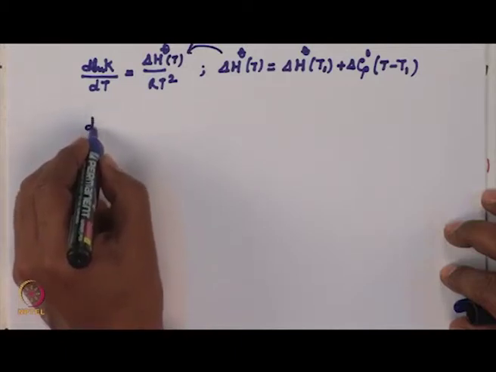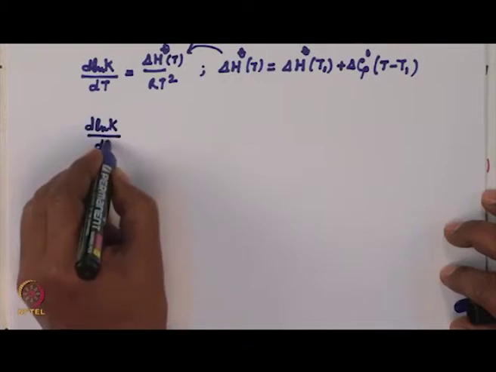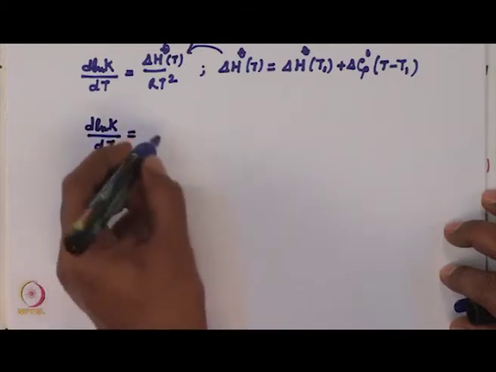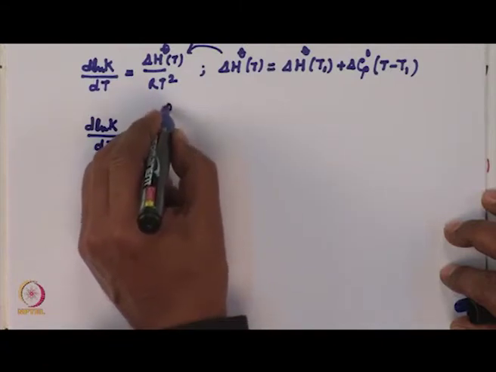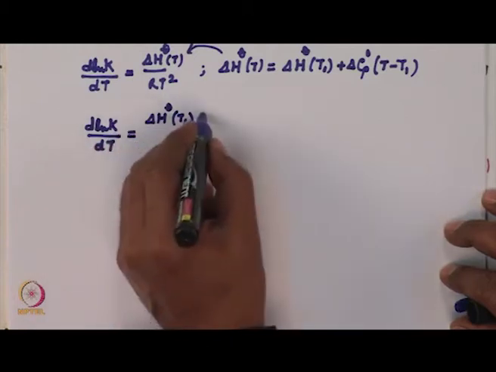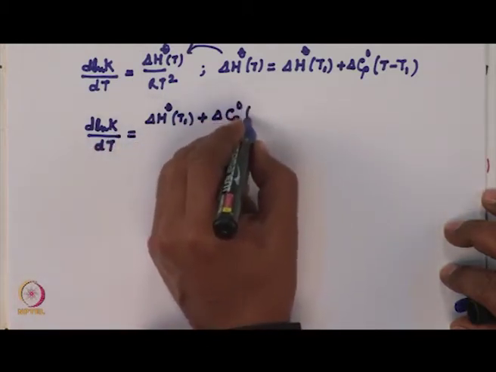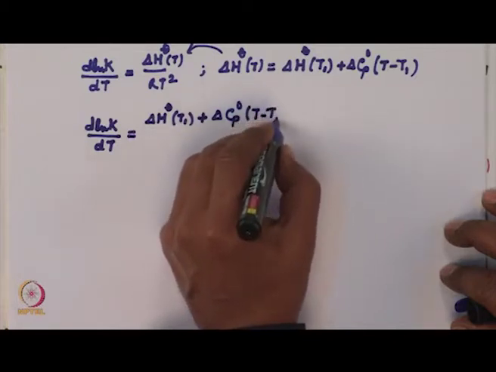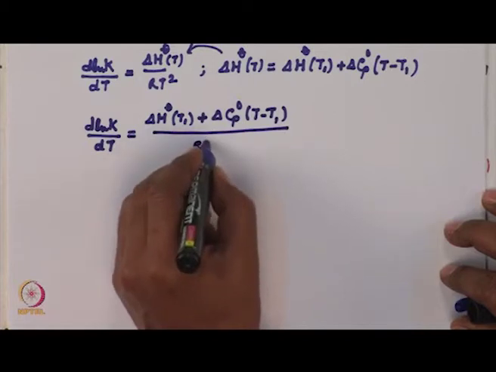So what I have now is d log K by dT is equal to delta H naught at T1 plus delta Cp naught into T minus T1, over RT square.